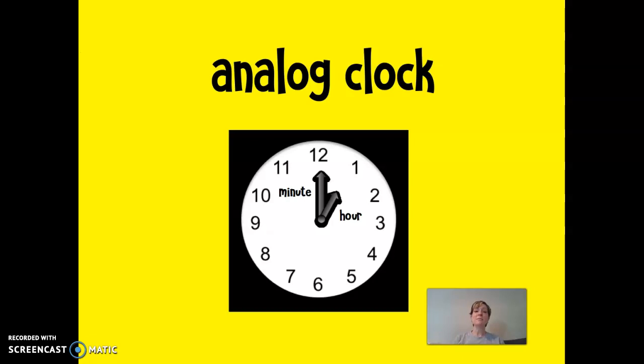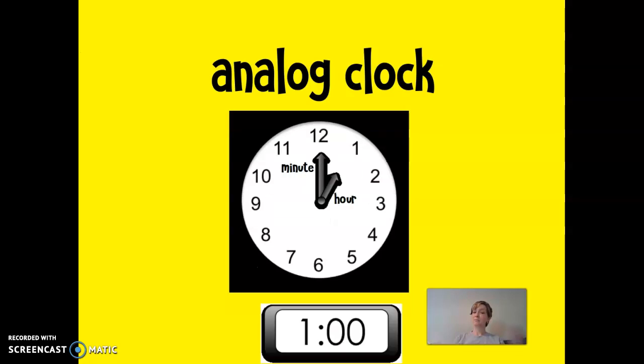And then we move on to the minutes. Minute is a longer word, so that's the longer hand. And you learned that when the minute hand is pointing straight up at the 12, that means no minutes have gone by since the hour started. And we would also read this time on the analog clock as simply 1 o'clock.